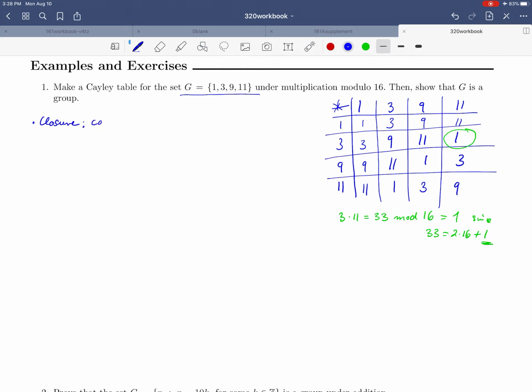We can see that in our table, because all our table entries are group elements. We are not seeing anything that's not in G, and that's what closure means. So closure can be seen in the Cayley table.